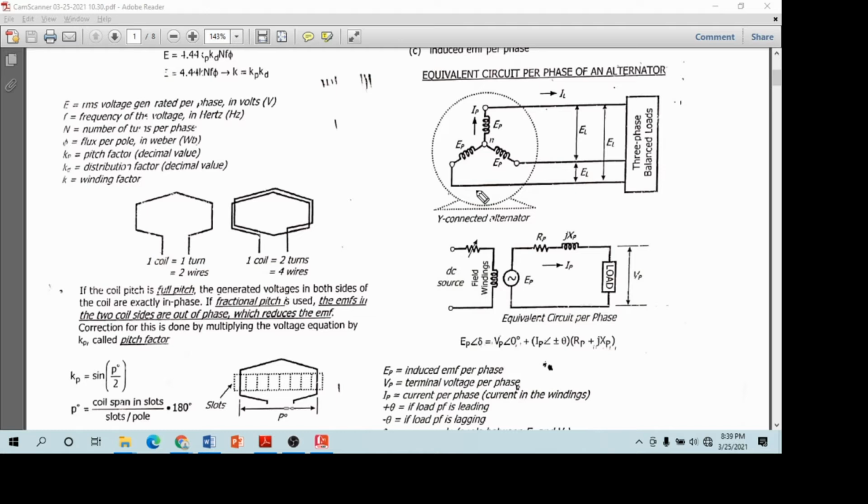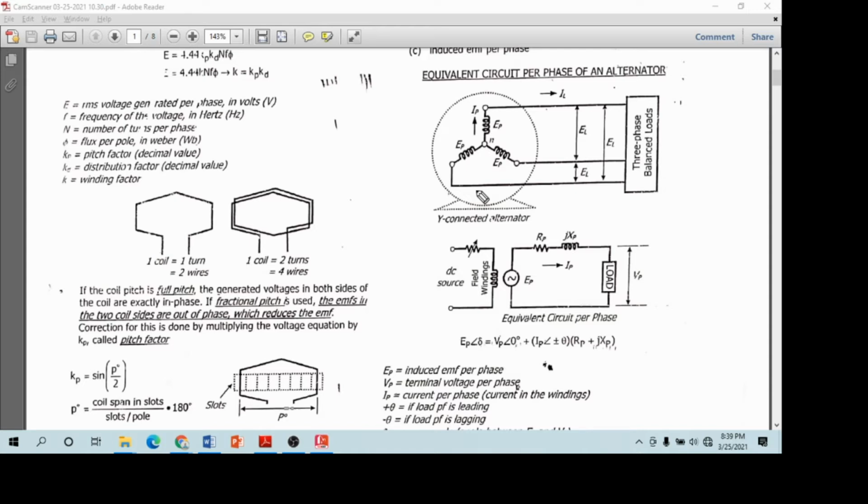This enables the armature winding to cut the magnetic flux, which causes the alternator to induce EMF.